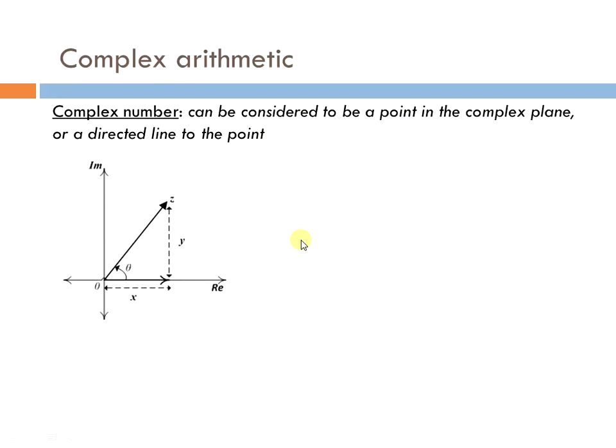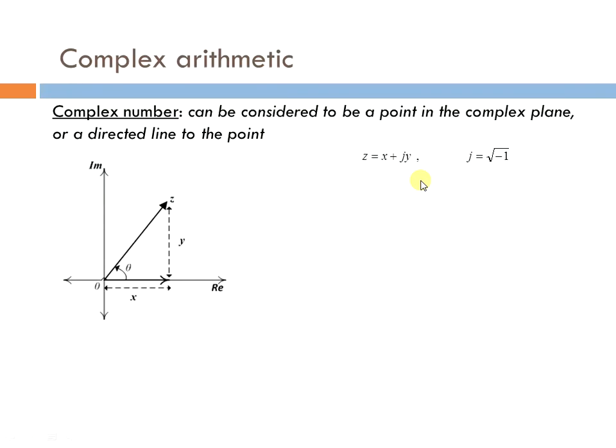And this can be written as a sum of the two components, with the imaginary variable j being associated with the imaginary component y. This j is basically a representation of the square root of -1.